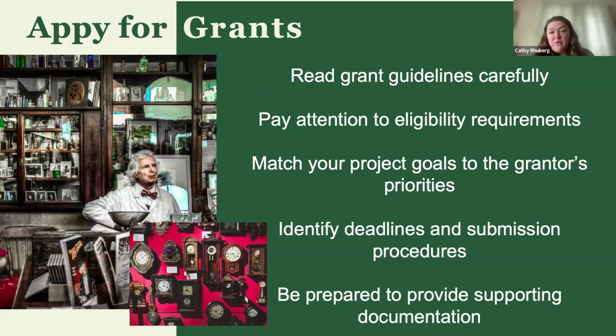So the eligibility requirements is one way to get the list a little smaller for them. You want to make sure that your project goals match the grantor's priorities. If your goal is to assist an adult daycare program, but the priorities of the grant you're applying for is for youth development, you're probably not going to have much of a chance. So you wouldn't want to spend time on a grant that doesn't match priorities.